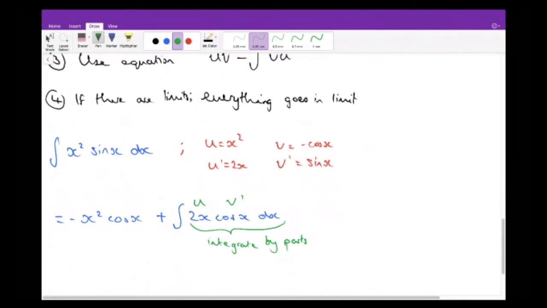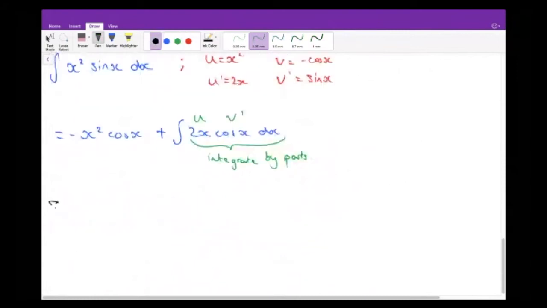Special case 2, and this one is a favorite of theirs. The integral of e to the x sine x dx.